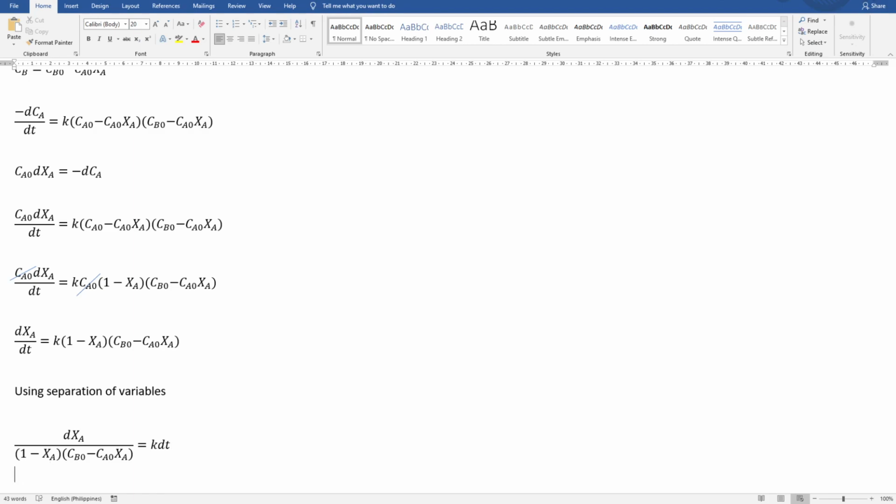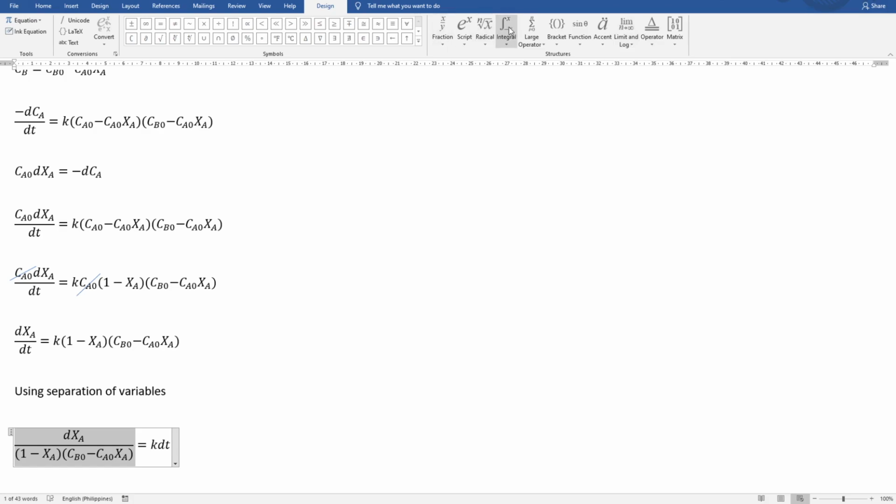As you can see here, we have this equation. Then applying the integration, same goes here. So at t equals 0, our conversion is 0.